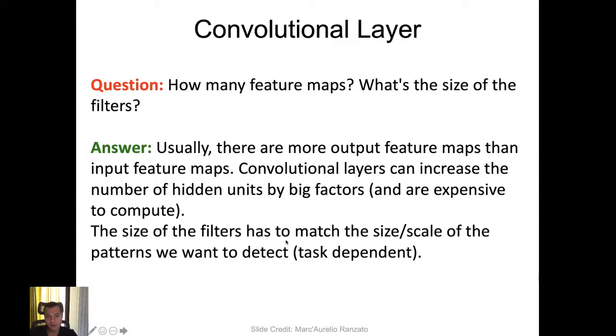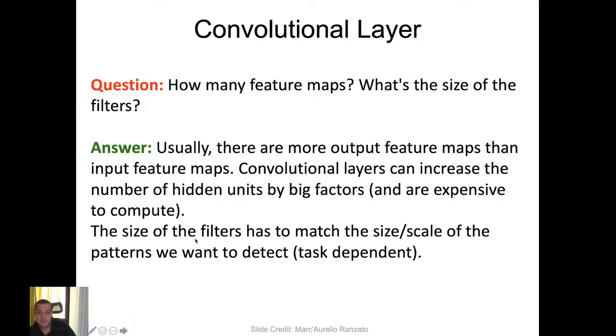Also, the size of the filters has to match the size and scale of the patterns that we want to detect. This depends on the task that we want to address, but also on the depth of the network.